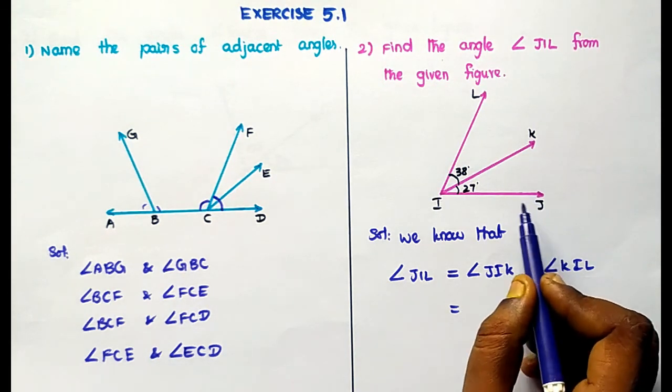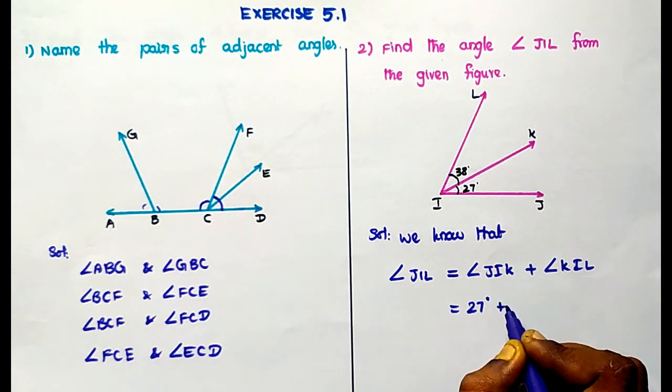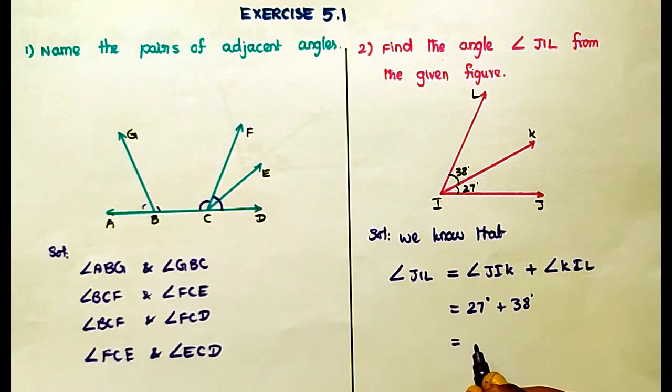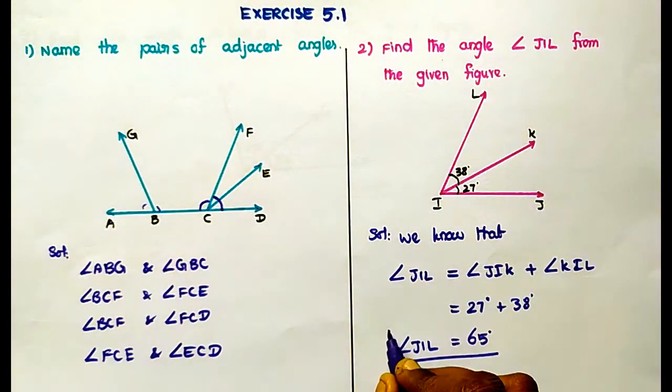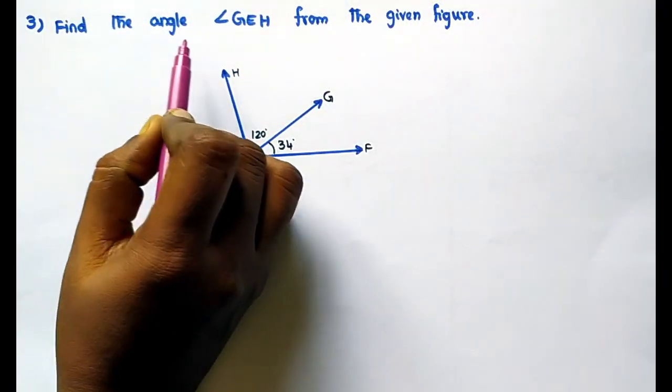Here they have given JIK equal to 27 degrees. So 27 degrees plus 38 degrees, add this, we get 65 degrees. That is angle JIL. That is the answer.